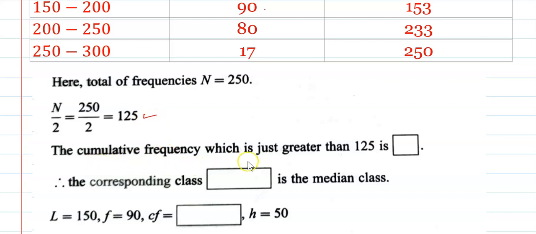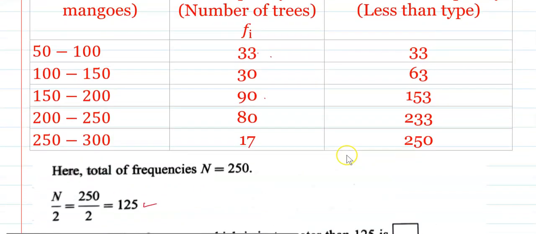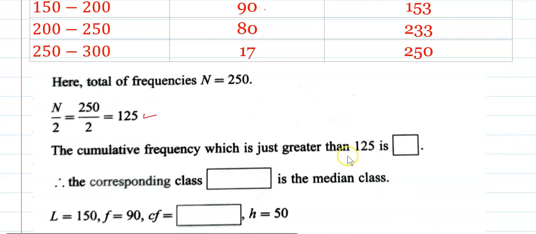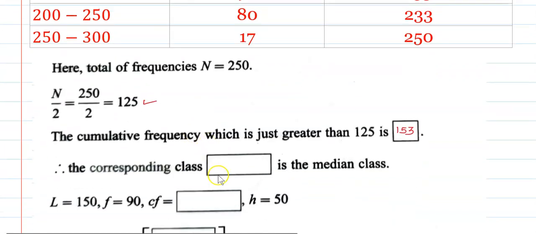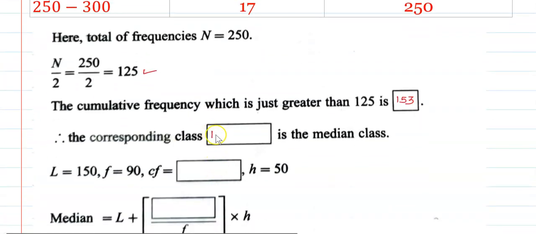The cumulative frequency which is just greater than 125 is 153. Therefore, the corresponding class is the median class. Which will be the median class? 150 to 200 is the median class.